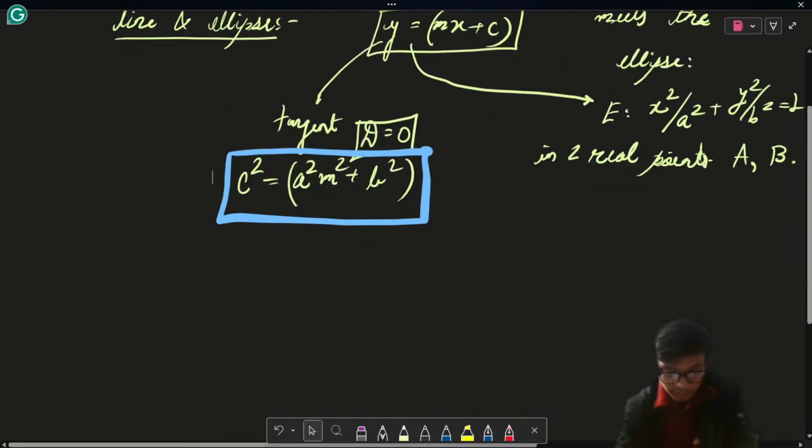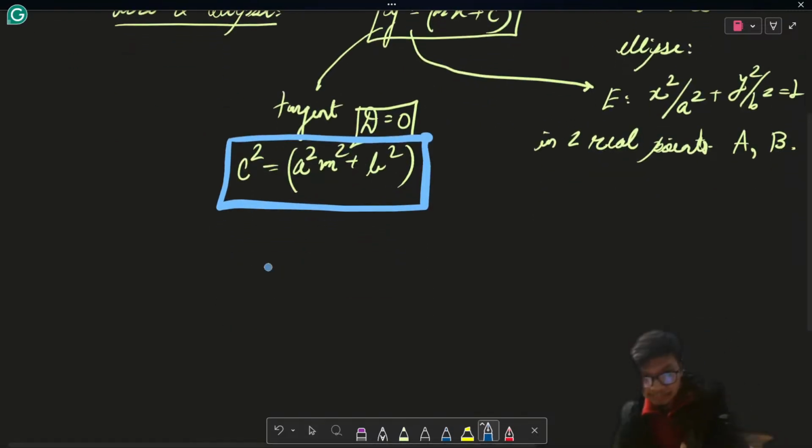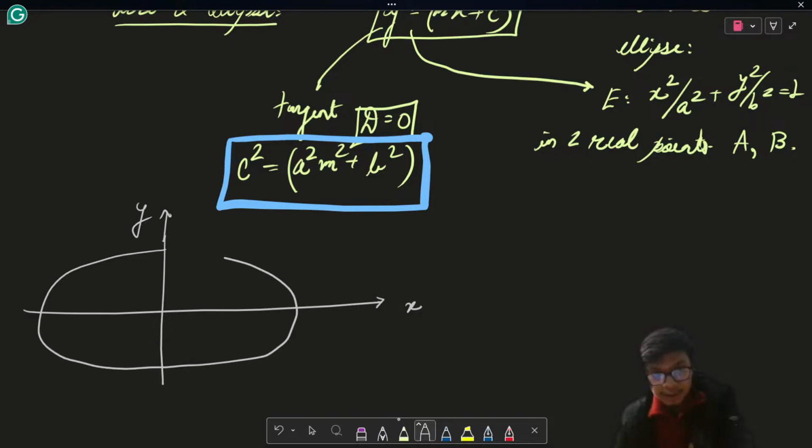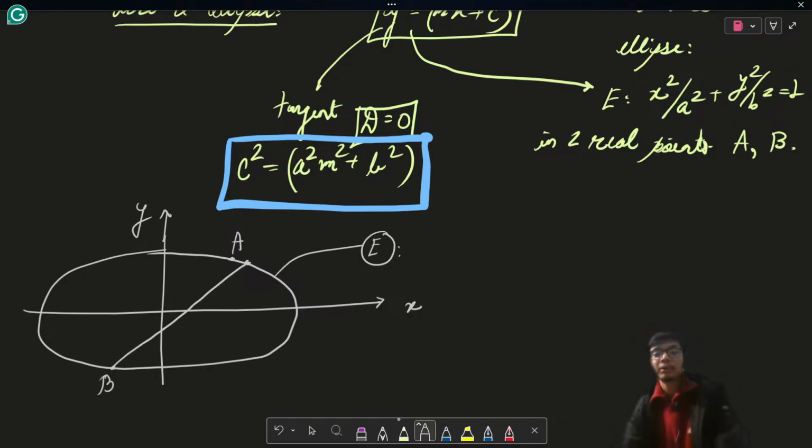Now, I actually want to talk about one more thing. Let us say for an ellipse, this is my x and y axis as follows. For this given ellipse E, if I take up 2 points, let us say that a line is passing through 2 points of the ellipse, and I join the 2 points to form a chord, so here these 2 points will form a chord.